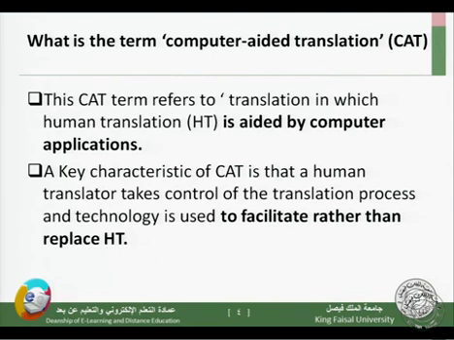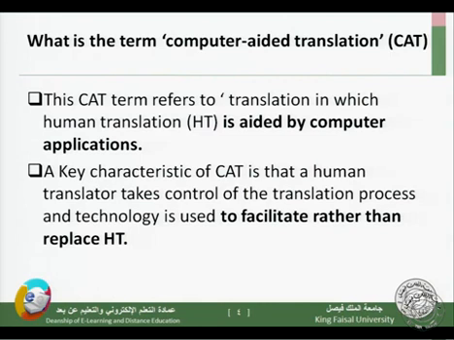In other words, the computer helps you, or you get help from the computer. Very simple. Don't complicate things. Computer-aided translation means the translation you do yourself with the help of the computer.